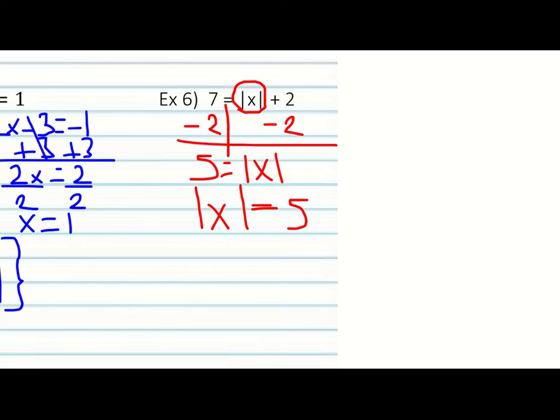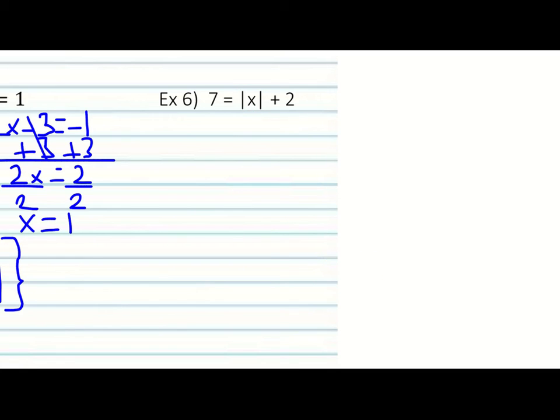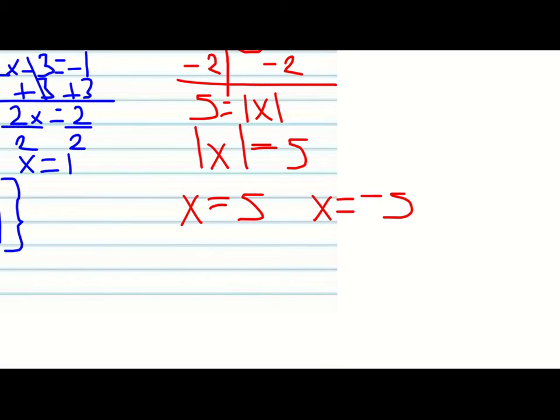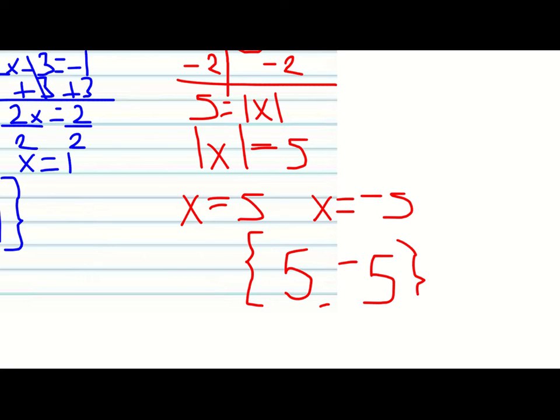I'm going to take what's on the inside, x, and say that could equal positive 5, or the inside x could equal the negative of that 5, negative 5. When I write my solutions to this problem, I'll put them in the squiggle brackets and say 5 and negative 5 were my solutions.